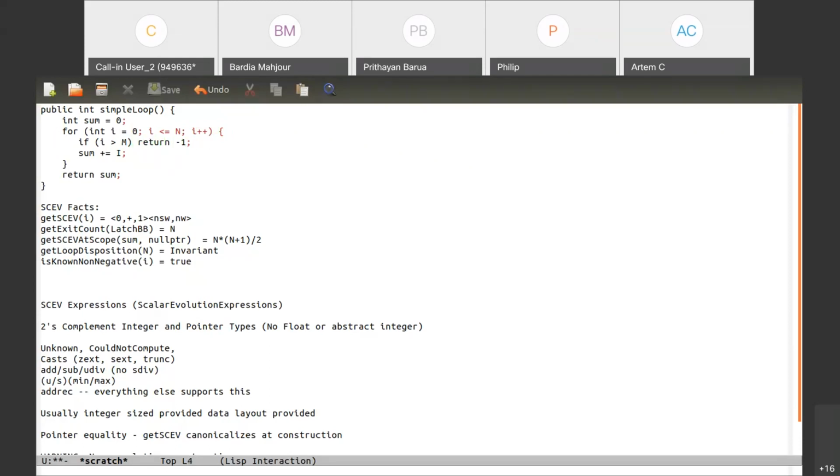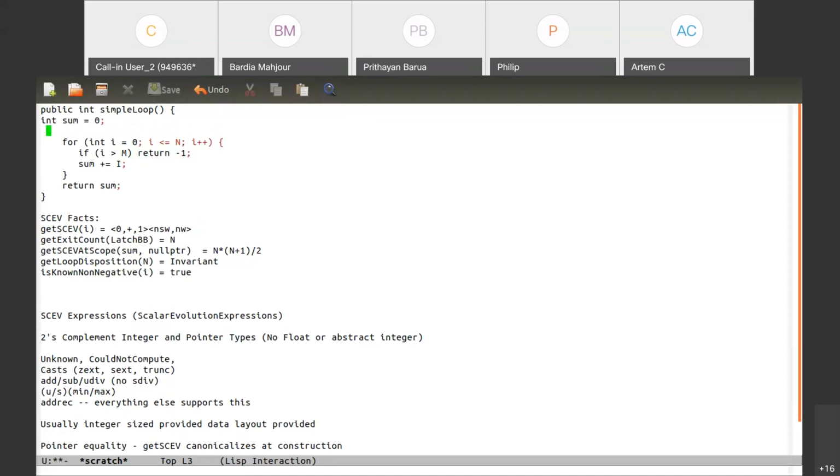Both of these exits will have analyzable exit counts because there's closed form solutions for if this exit were the one to be taken, what would the value of I be at that point, or sorry, what would the back edge taken count be at the point that exit was taken? In this particular example, we have no knowledge of the ordering of n and m.